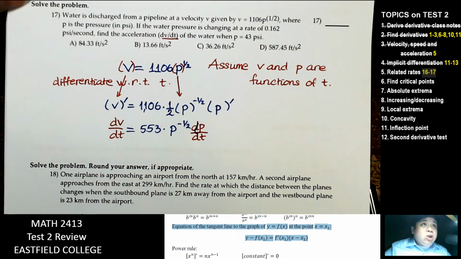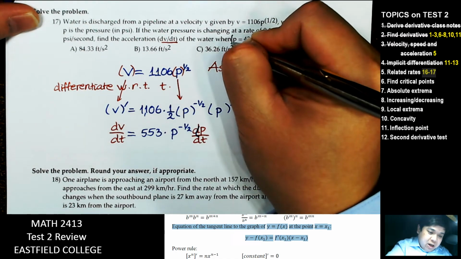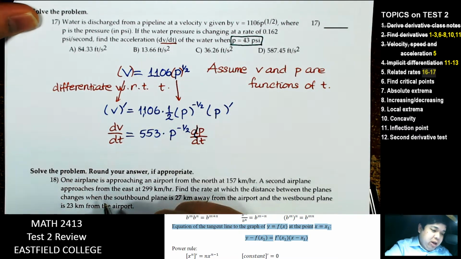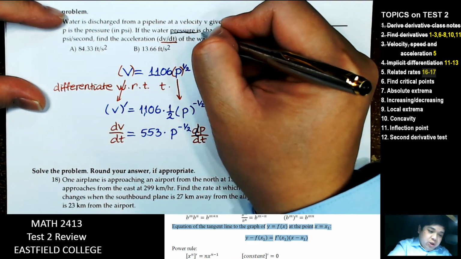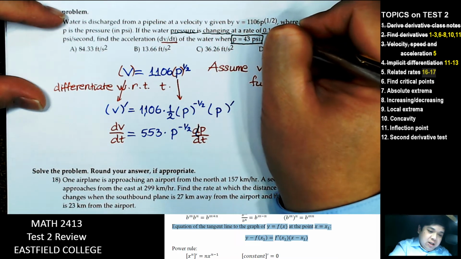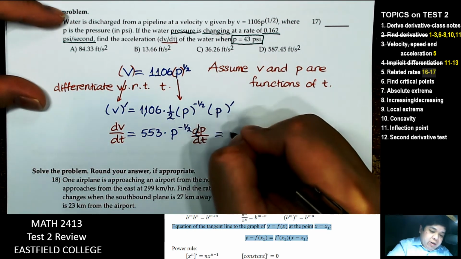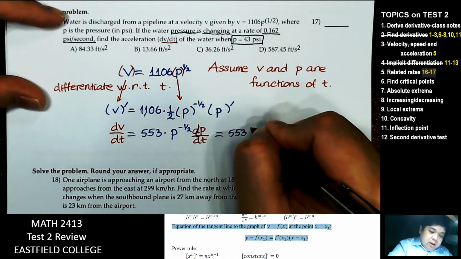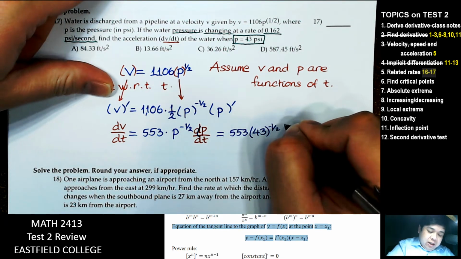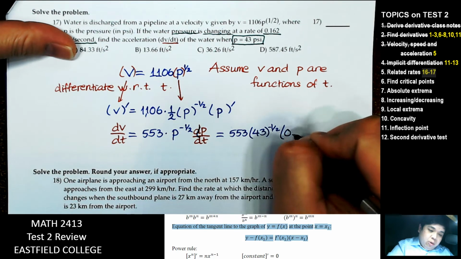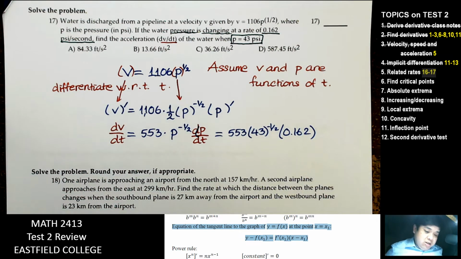Right, now we'll go back to the problem. We have when p is equal to 43 psi, that will be p, and we have the pressure changing at this rate. So pretty much we will have 553, p is 43 to the negative 1/2, and dp over dt is 0.162. When we do that, we should get whatever that is.